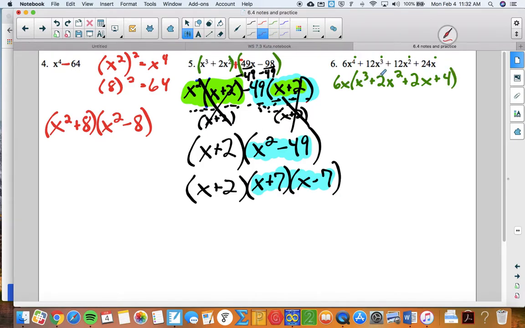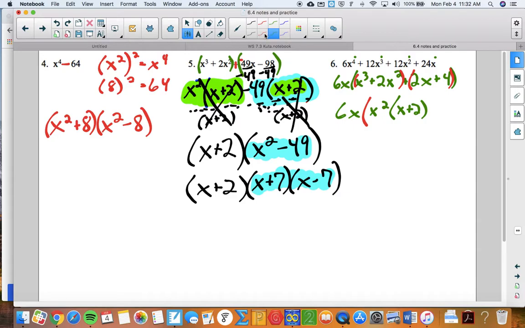Cool. Now I have 4 terms left in there, so I'm going to try to do factor by grouping. So I'm going to keep on bringing down that GCF, the 6x, and then I can factor an x squared out of this first set of parentheses, so I'm left with x plus 2.